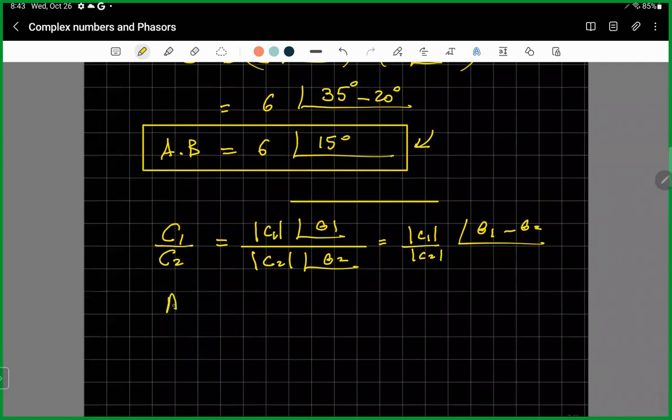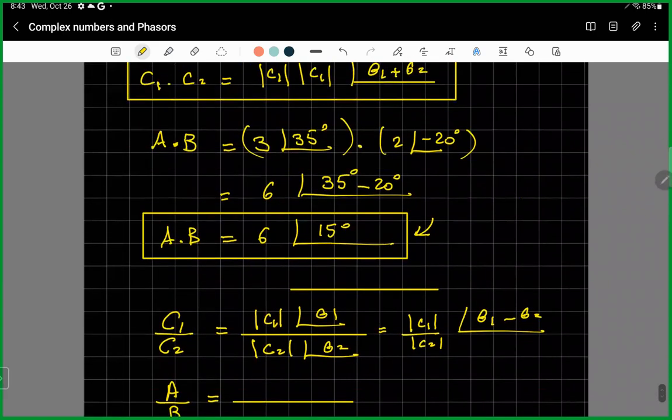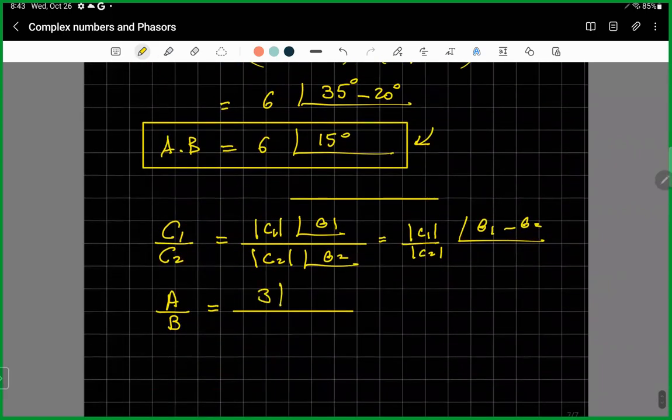In our example, A over B, A is equal to 3 and the angle 35 degrees, and B is equal to 2 and the angle negative 20 degrees. When you do the division, you'll have 3 over 2, that will be 1.5. Let me do it in steps. You have 3 over 2, the magnitude, and the angle, the top minus the bottom.